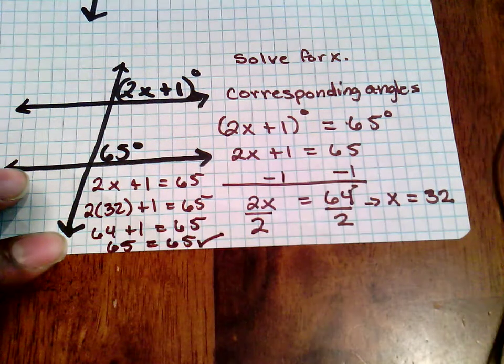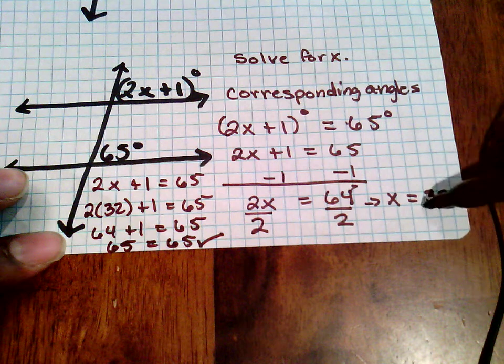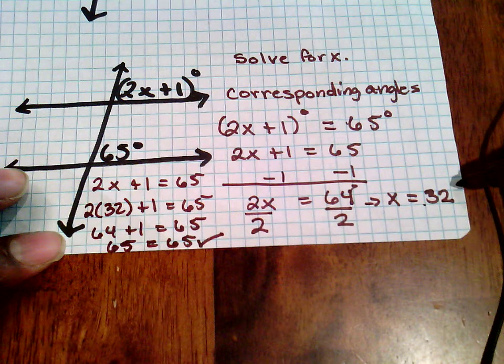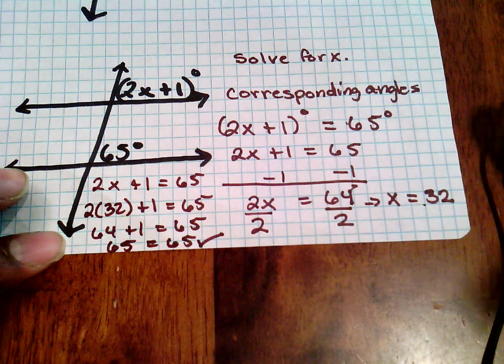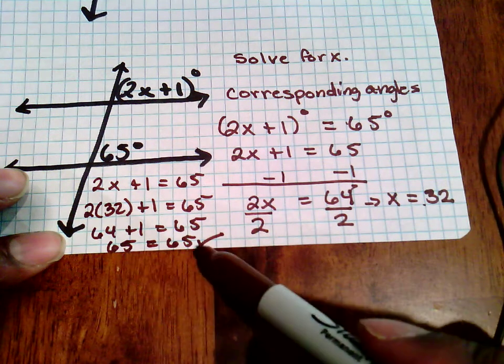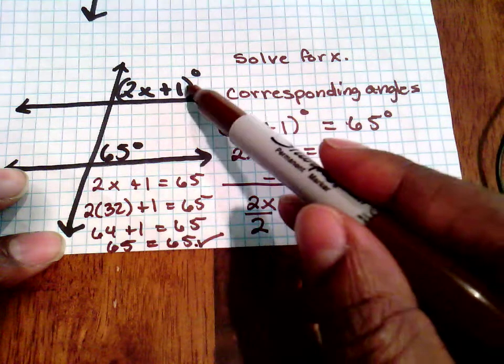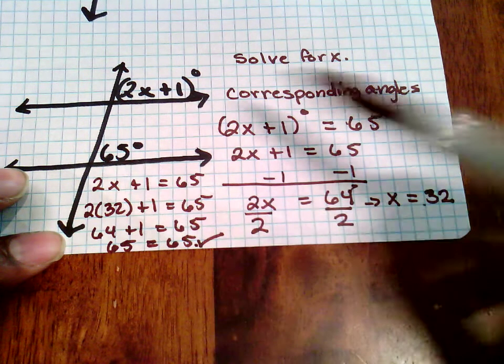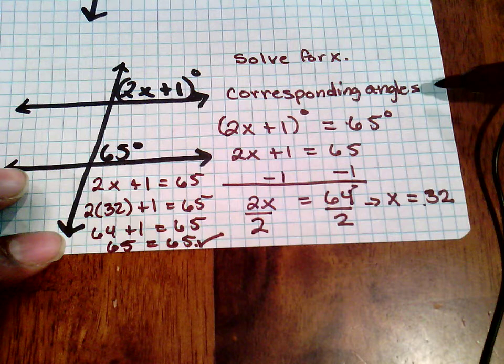And that is a check. So therefore, our solution is x equal to 32. And from my check, we also notice that both angles are indeed equal, and this is proven by the corresponding angle relationship.